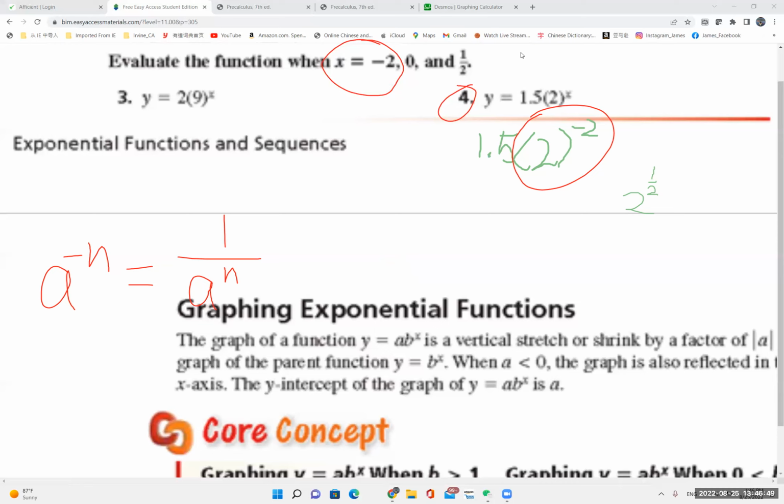It means 1.5 multiplied by 1 over 2 squared. So it's 1.5 times 1 over 4. That means it's 3 over 8, right? Okay, please screenshot.